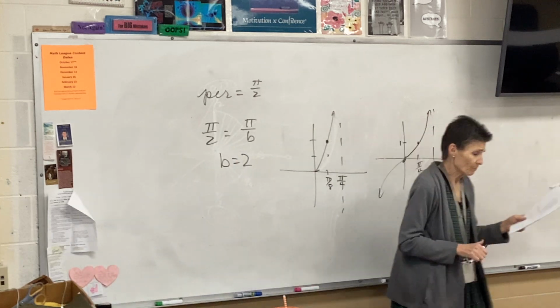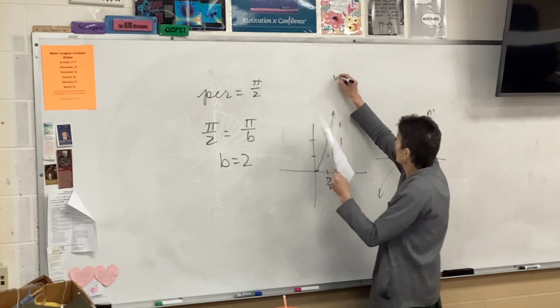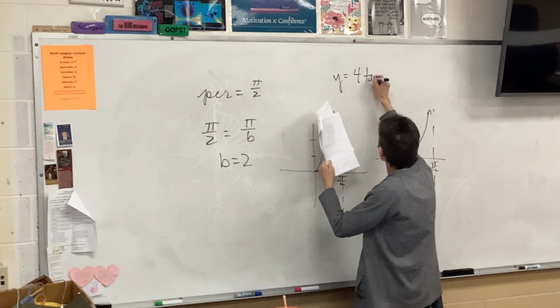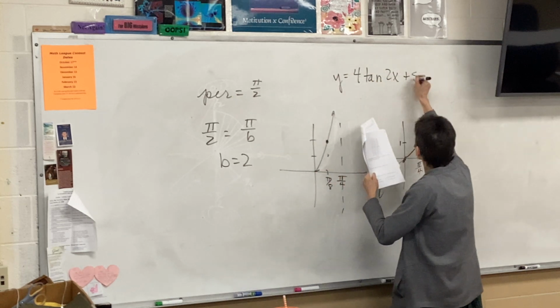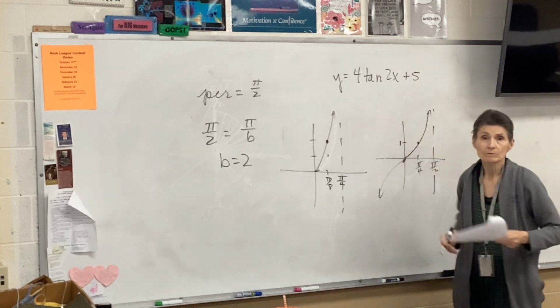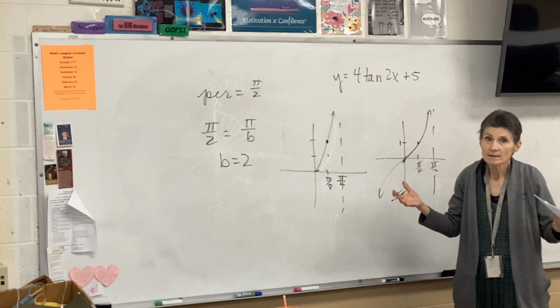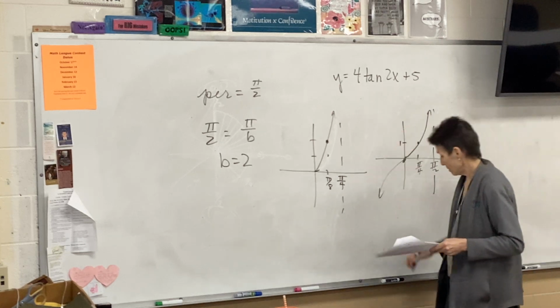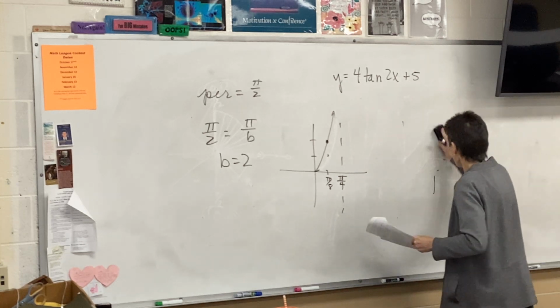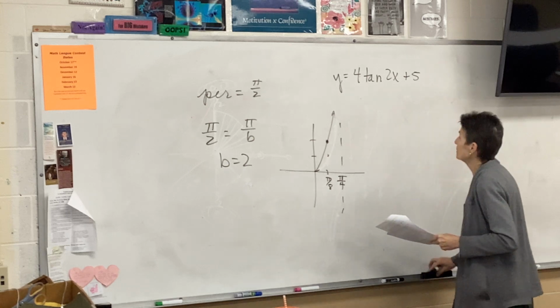Okay, example 2. Now we have this function, and all you're figuring out is the period. So easy. What's period? For a tangent, period is pi divided by b.